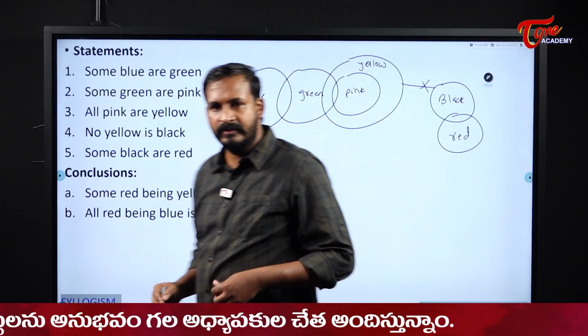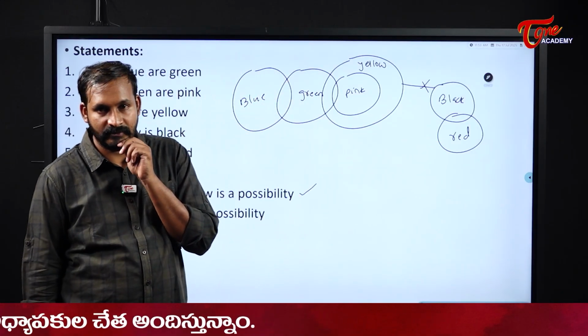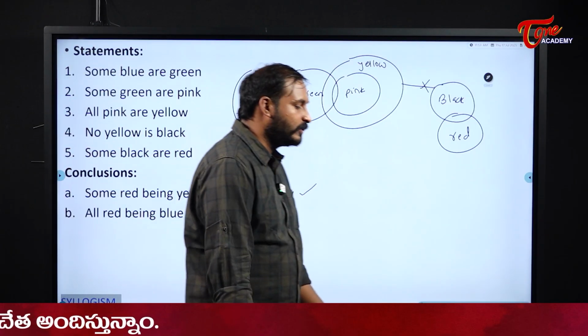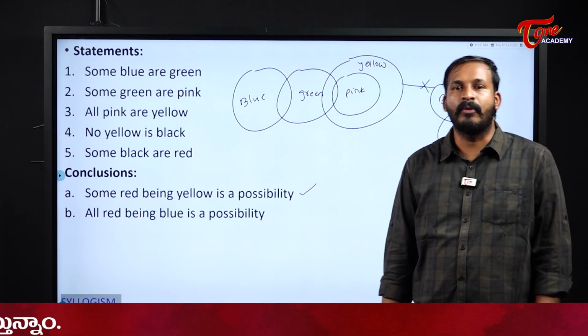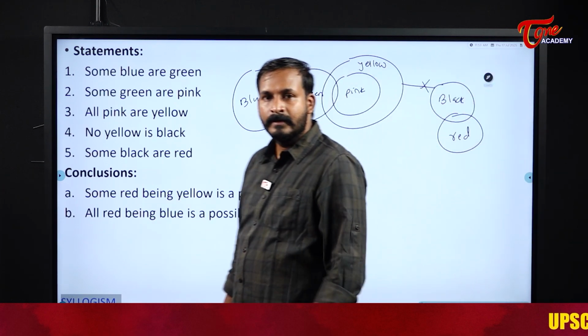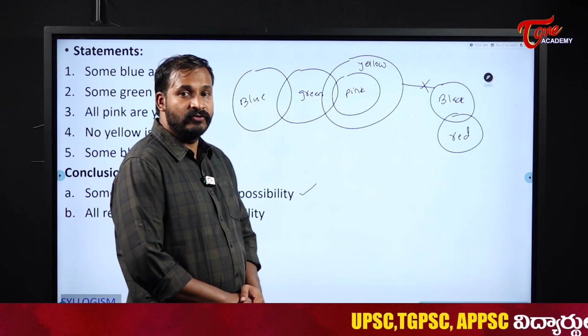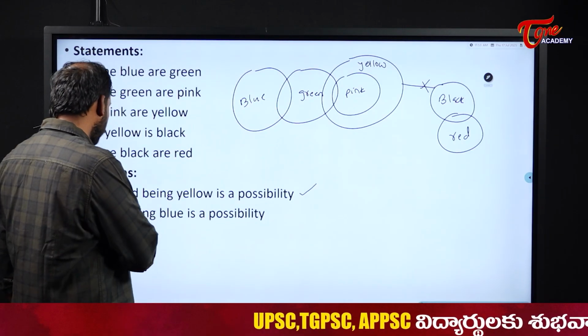Now see here, according to the basic diagram, there is no relation between red and yellow. So now I will try to put some red being yellow as a possibility. What is the some red portion here? You may have one doubt, sir: this is related to some-not, no sir.